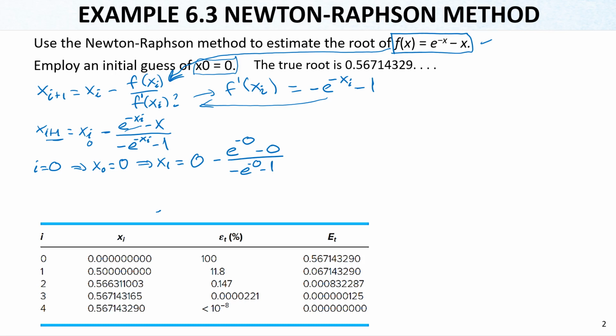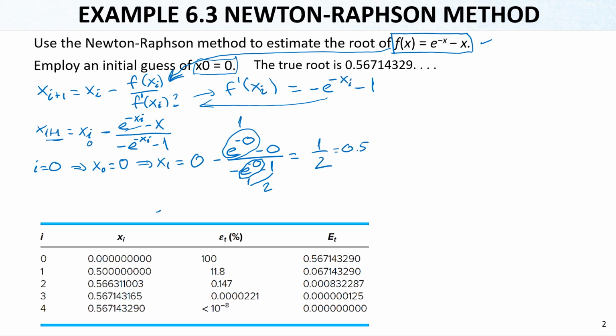And here you can see that this is 1 and this is 1 as well. So it becomes 1 divided by 2. This becomes 2, this is 1, that's why it's 1 divided by 2. And the minuses are becoming positive. That means x1 is 0.5.